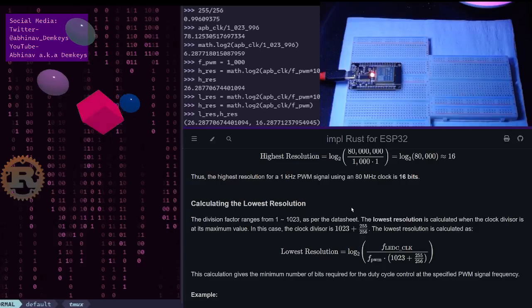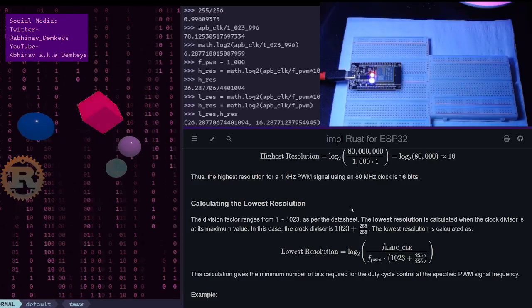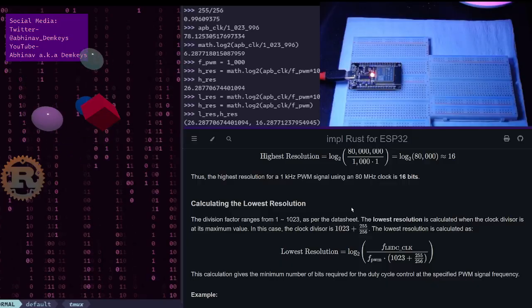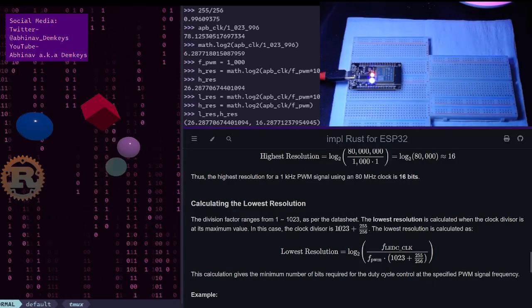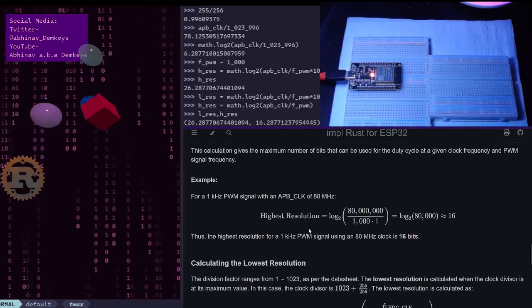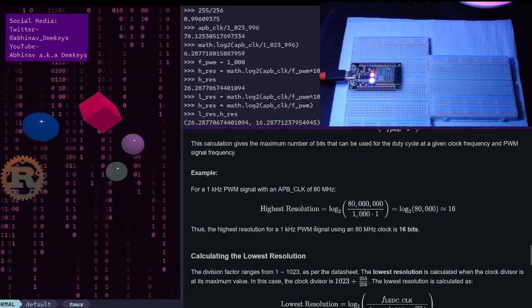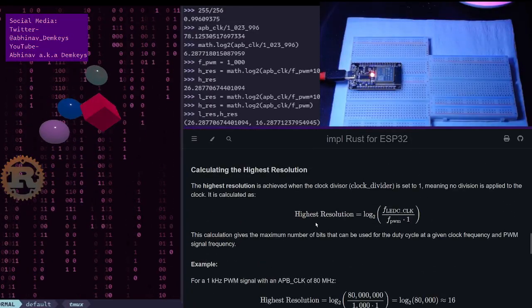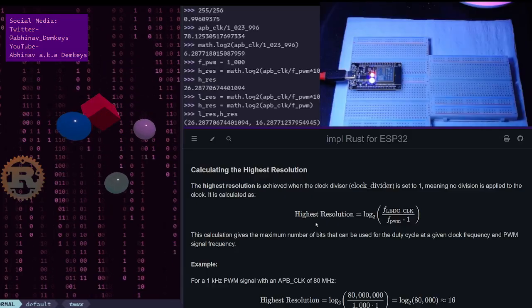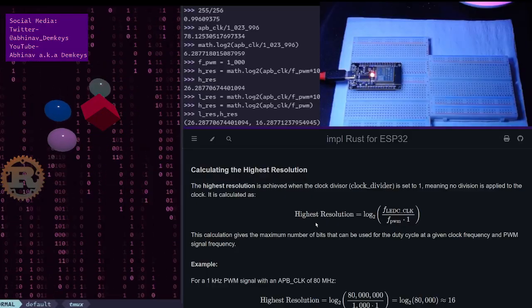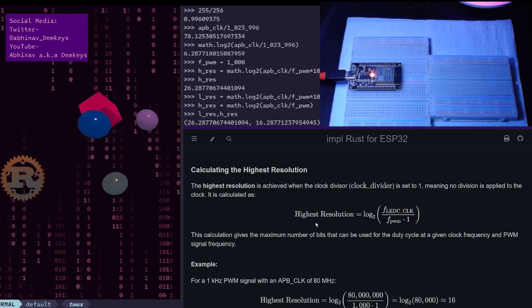I don't think Gemini is understanding what my problem is in this case. This is 16 bits. Okay, hold on. What did I give? Oh God, dude.